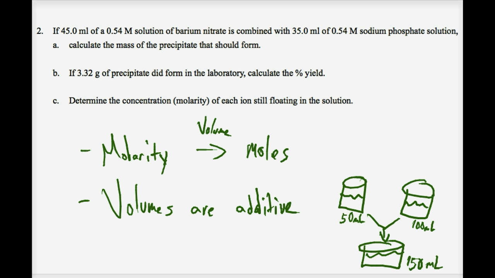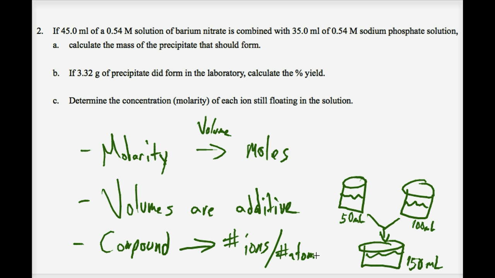Also know, anytime you have a compound, you can do some math to get to the number of ions or number of atoms. If you know moles of the compound, you can always get the number of ions or atoms of that compound.